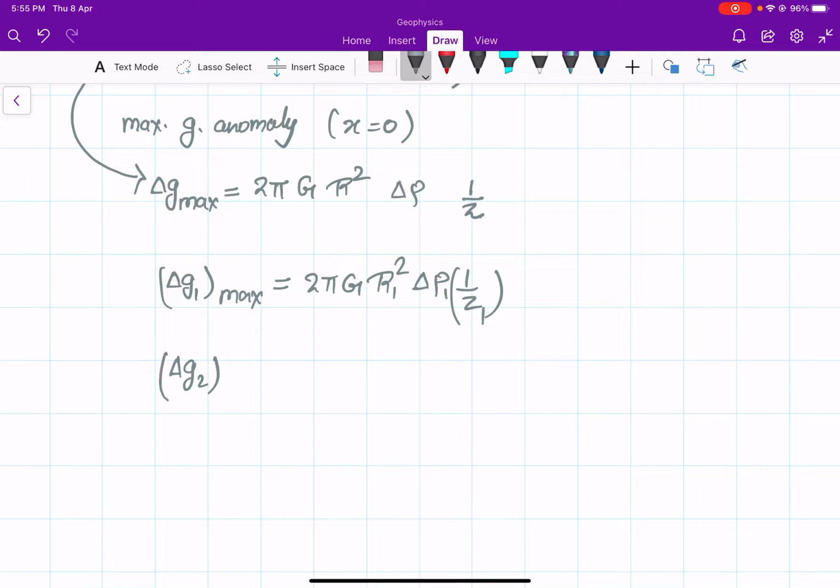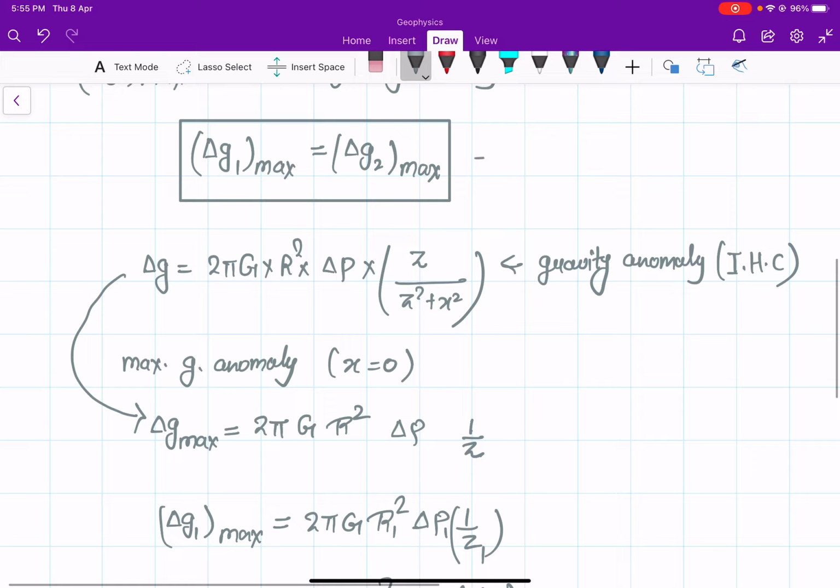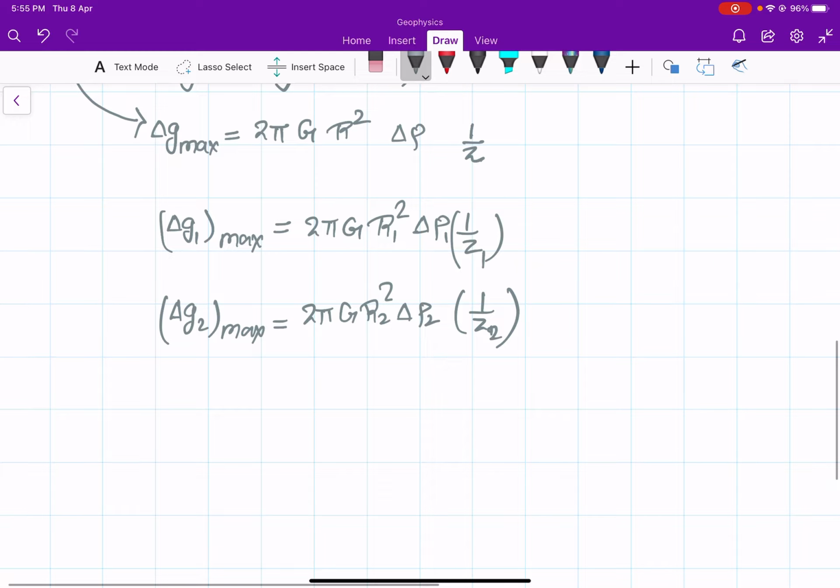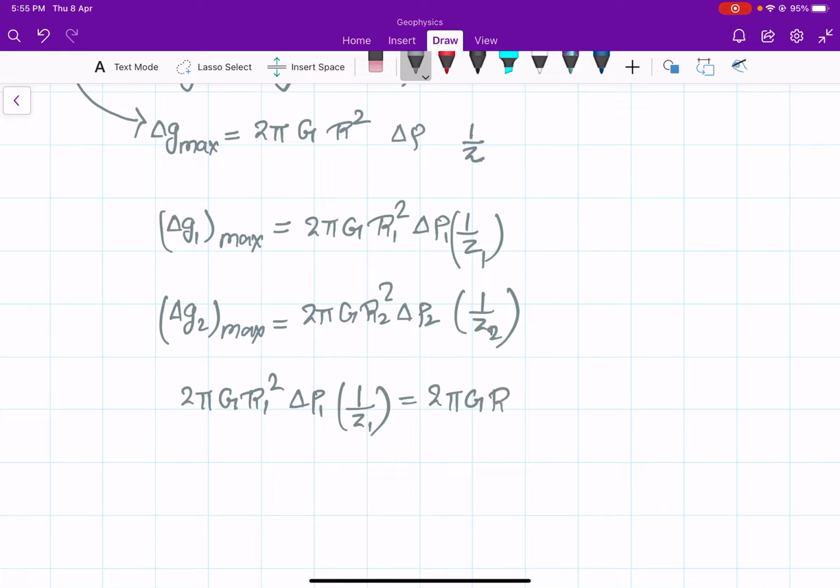And del g2 max equals 2 pi G r2 square del rho 2 into 1 over z2. From equation 1, the maximum of del g1 equals the maximum of del g2. So 2 pi G r1 square del rho 1 over z1 equals 2 pi G r2 square del rho 2 over z2.